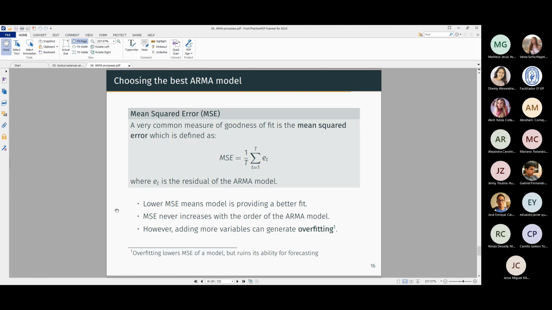Then, from those 5 models, I will keep 2 of them that have the greater amount of significant coefficients.